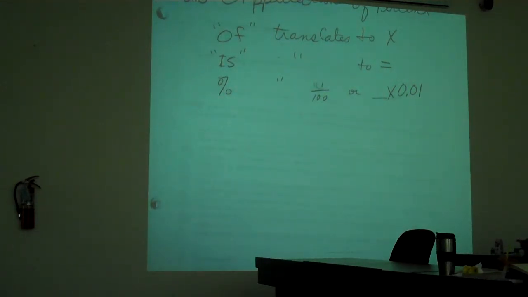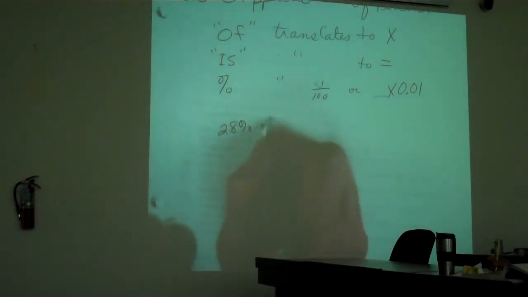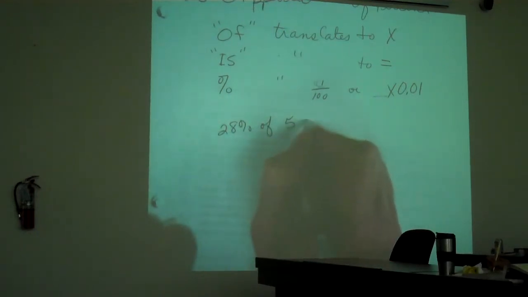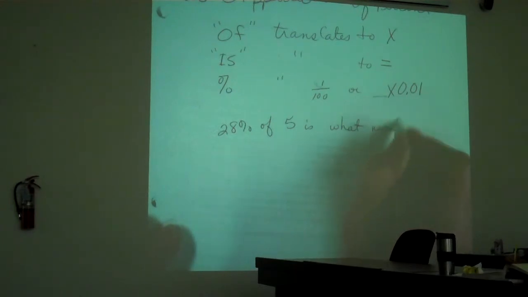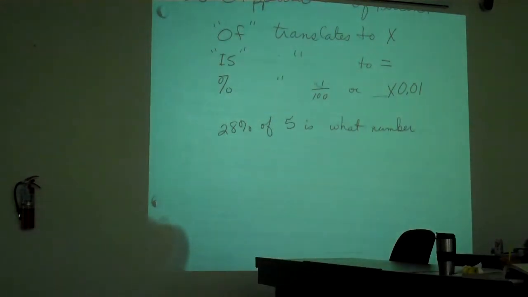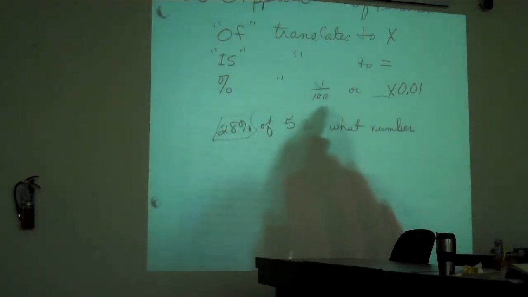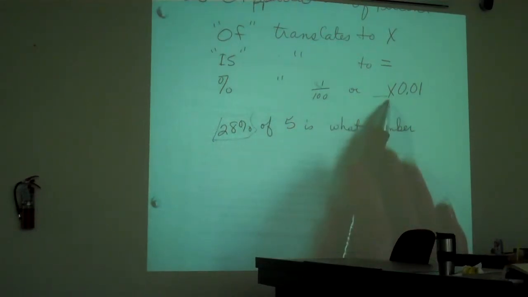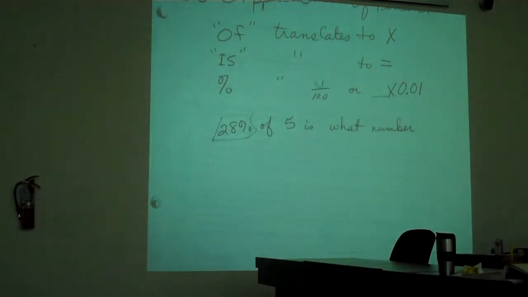So when you do these problems, if it says 28% of 5 is what number? Okay, the 28% translates to 28 over 100 or 28 times 0.01, according to whether you want to use a fraction or a decimal.